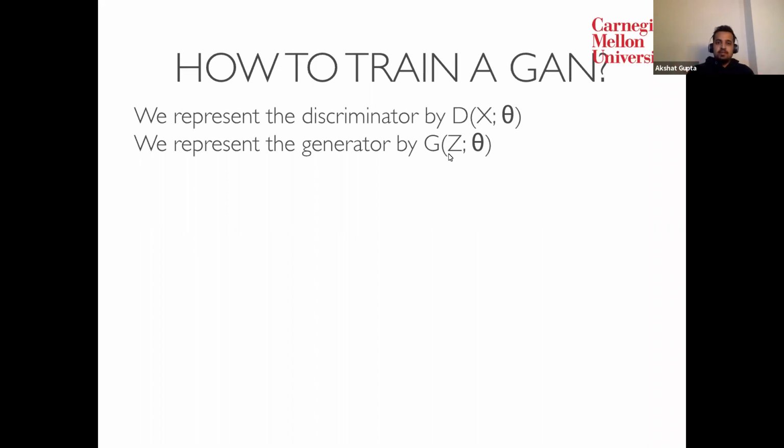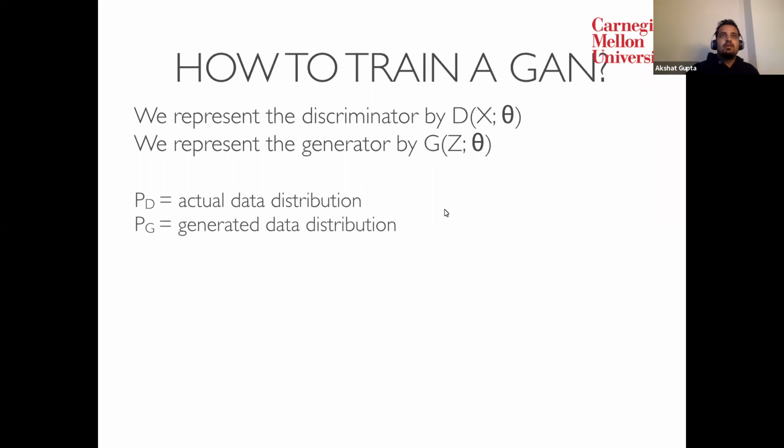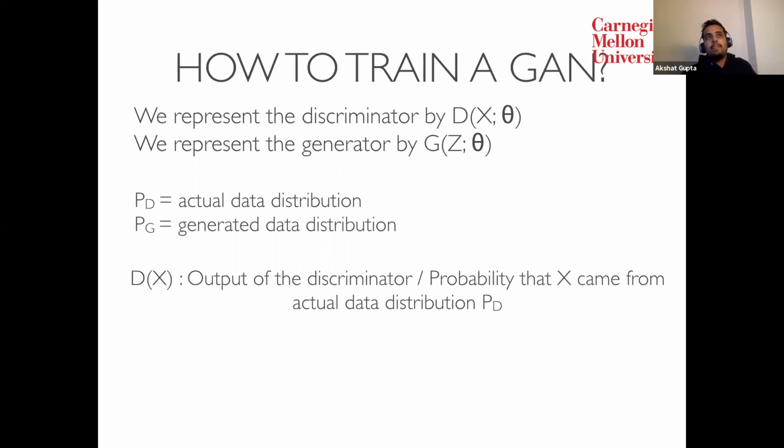The vector space dimension is a hyperparameter here. The generator's job is in some sense to create a mapping between that latent vector space and the space from which our data set comes, and also to generate data which is very similar to our actual data. P_D is the actual data distribution. P_G is the generated data distribution.